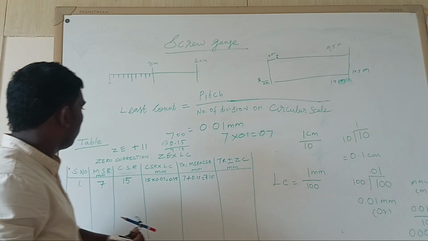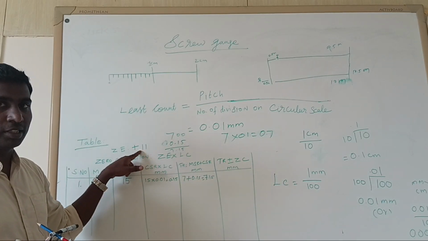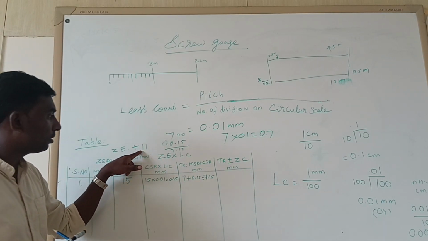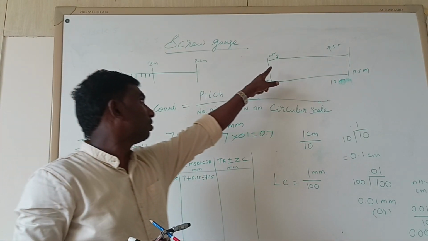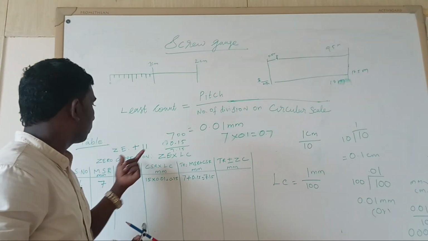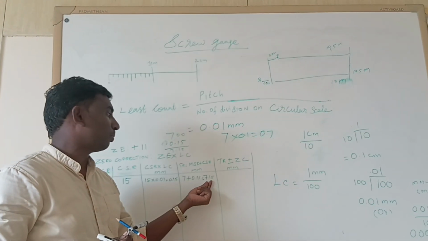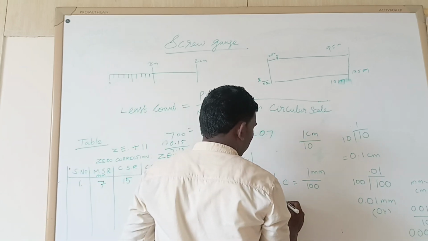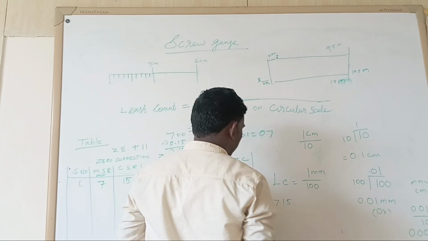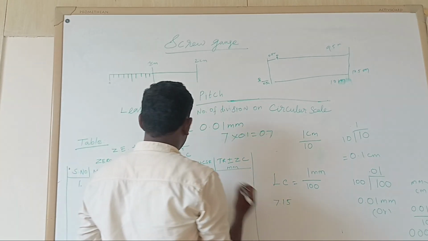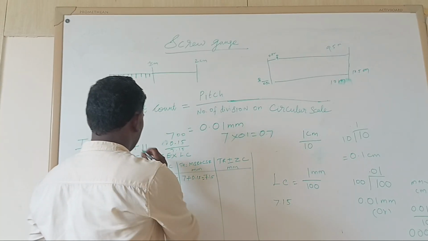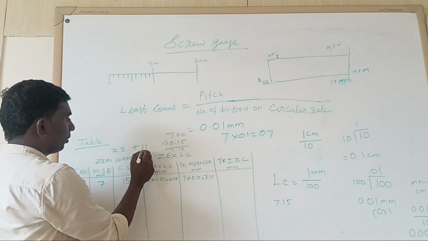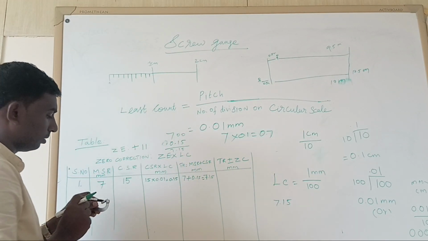In the similar way, here there is 11, the positive. So positive means the last total distance, how much? There is 7.15. We can minus this one. The zero error, positive error, means we will minus this 11. That is zero error 11.